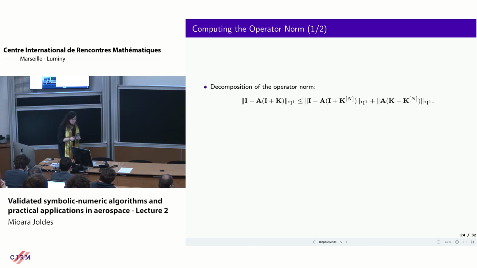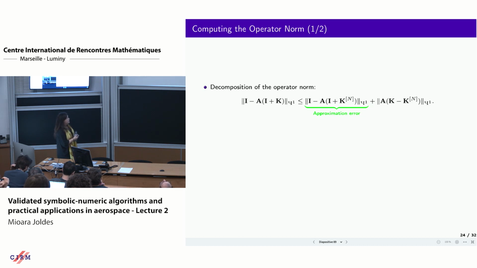then we will split the error that we have to bound into parts. So one will be simpler in the sense that it will only measure the fact that A is not the exact inverse of I plus K_n. So this will be what I will call the approximation error.